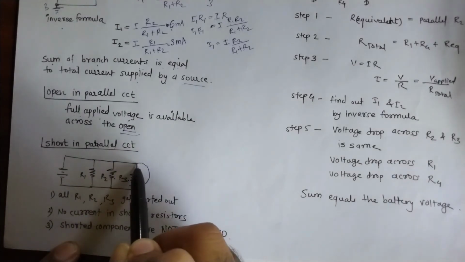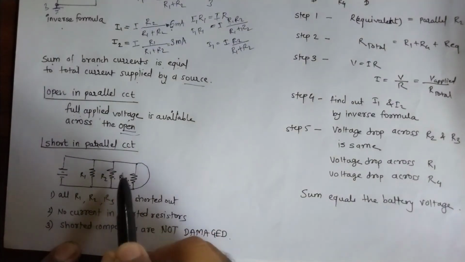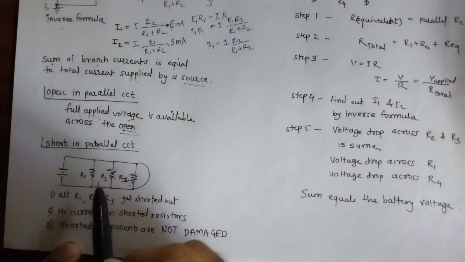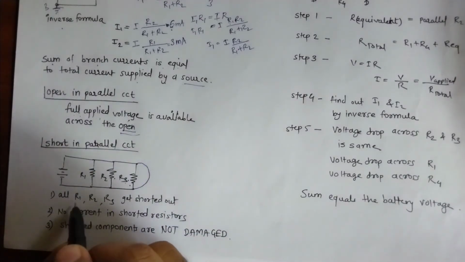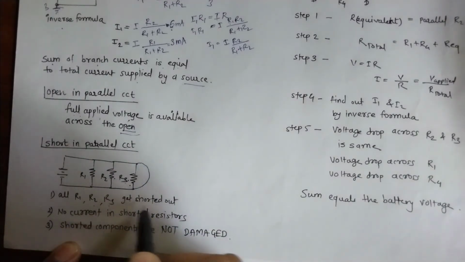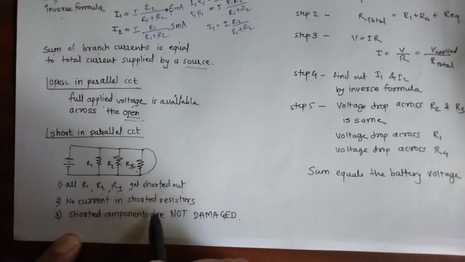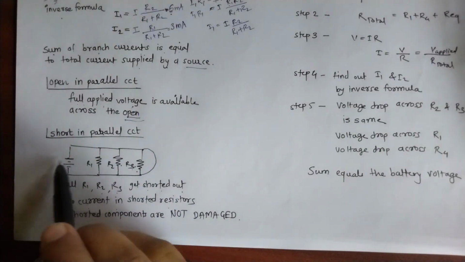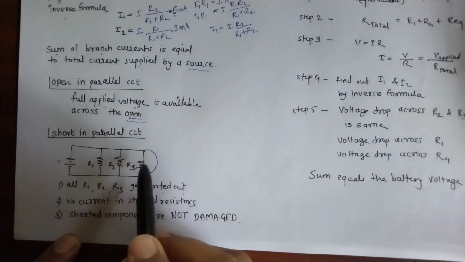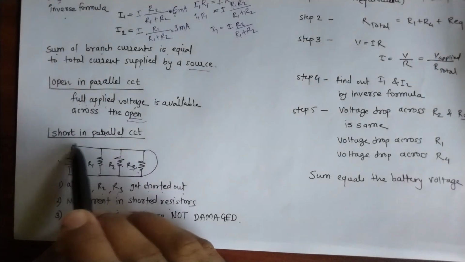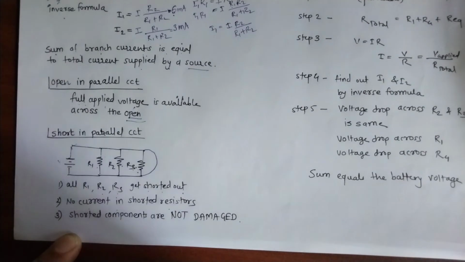So when we short out one resistor, then all other two get shorted too, right? So all R1, R2 and R3 get shorted out. Okay, no current in the shorted resistor, right? So when voltage is applied and the circuit is shorted, there is no current in R1, R2 and R3.